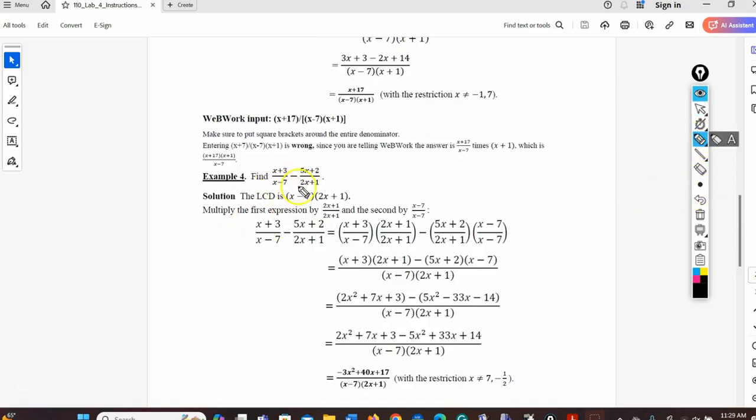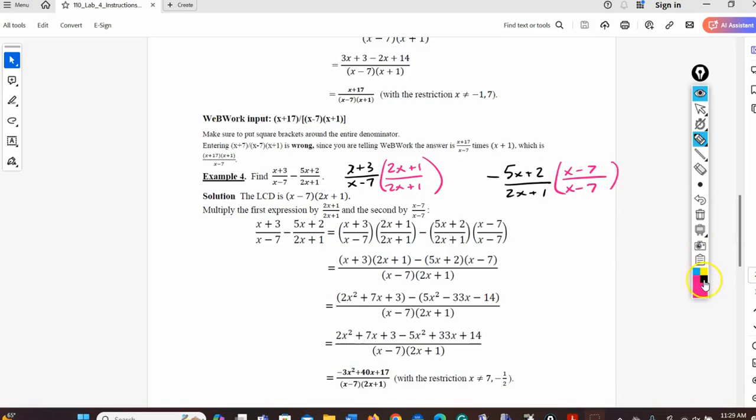Again, they don't have anything in common. So I'm going to do that same trick again. I'm going to multiply top and bottom of this one by 2x plus 1. And I'm going to multiply top and bottom of that one by x minus 7. And then they'll have the same denominator, and then I can put them together.